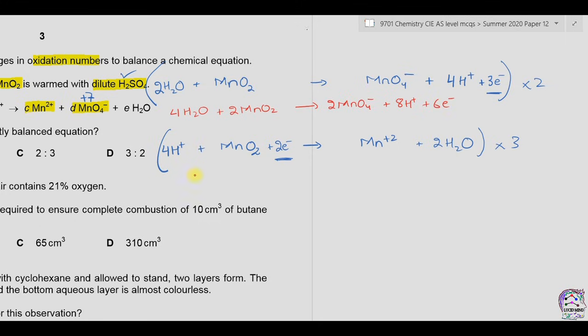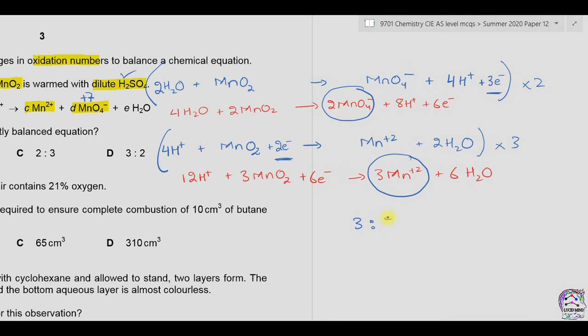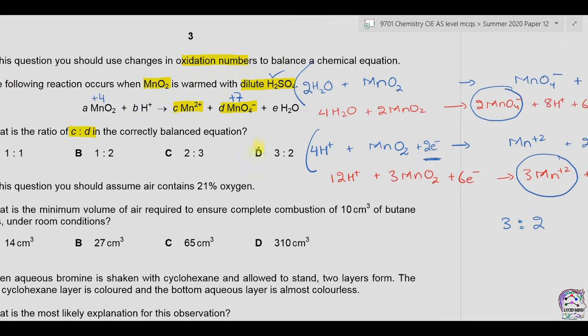For the second equation, we will have 12 H plus, 3 MnO2, 6 electrons, 3 Mn plus 2, 6 water molecules. As now both the equations are balanced, we can see that the ratio between Mn plus 2 and MnO4 minus is 3:2. So the answer should be D.